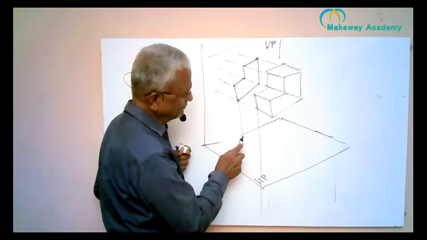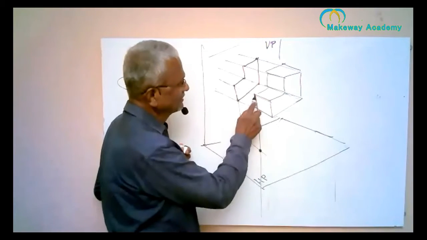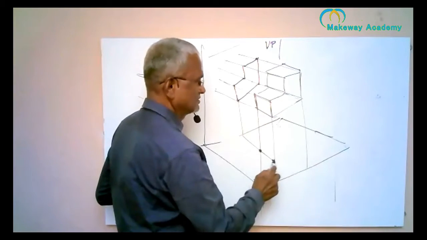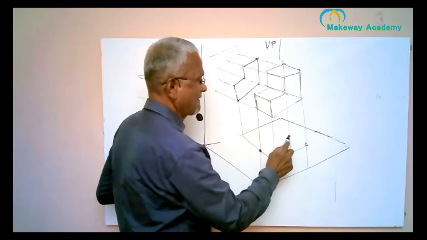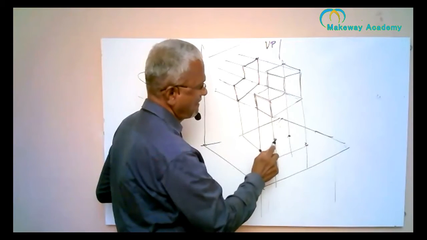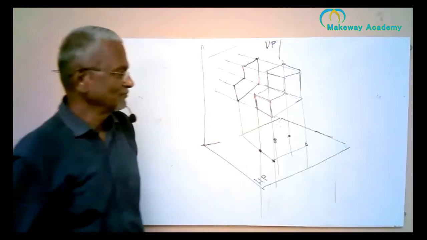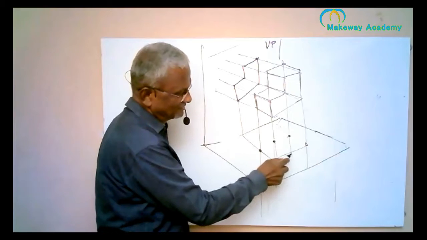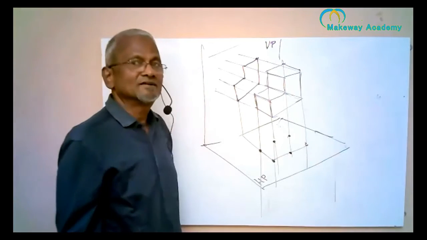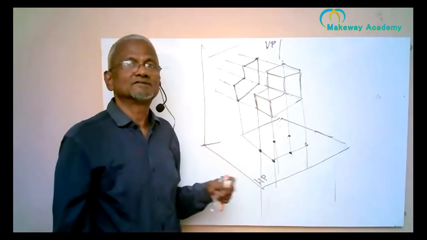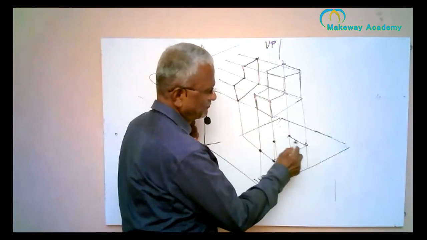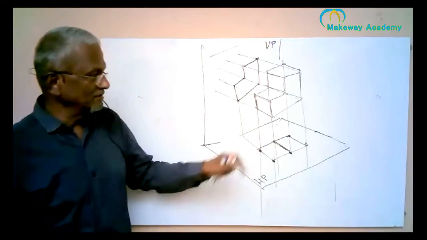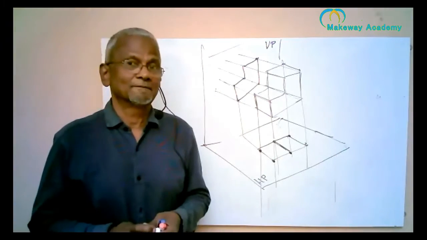Project from the front view. So this is the point. Likewise, this is the point, this is the point. These are the points. I love to look at the points; that is very important. As I said before, the points have to be joined sequentially. So now I have got one more projection.